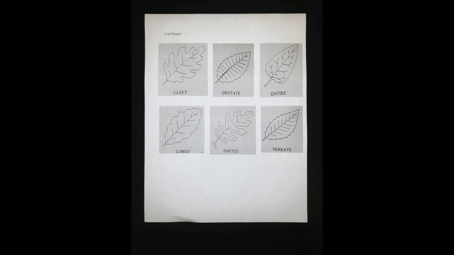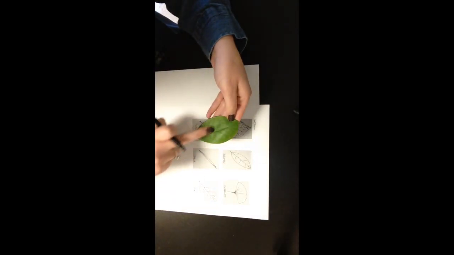Next, I'm going to figure out the shape. Not all leaves can fit into these different shapes, but this one could very well fit into it. So I'm going to take it and compare it to each shape on this list.